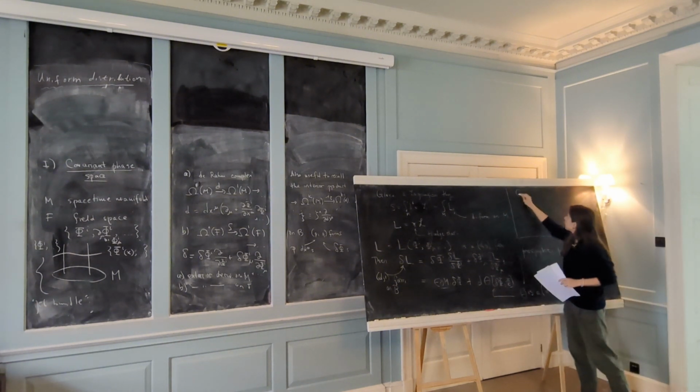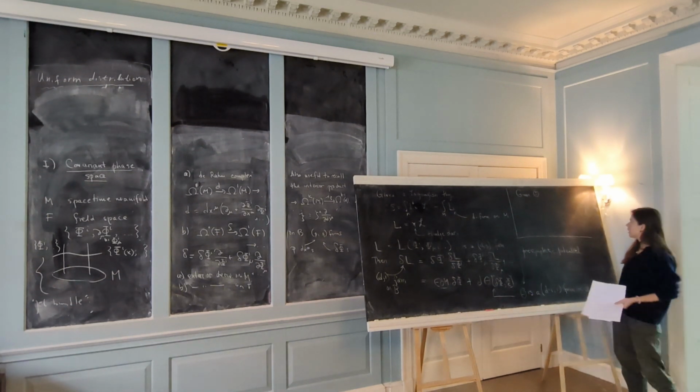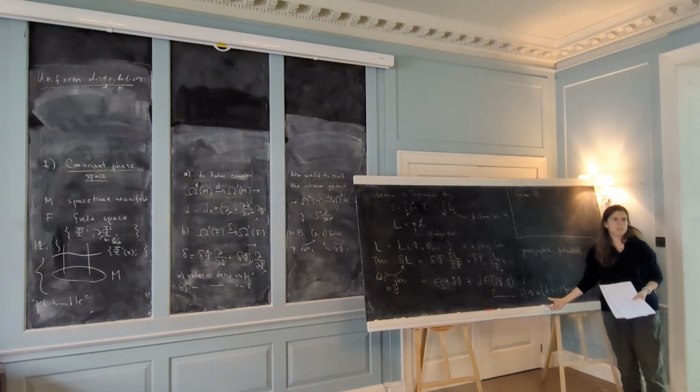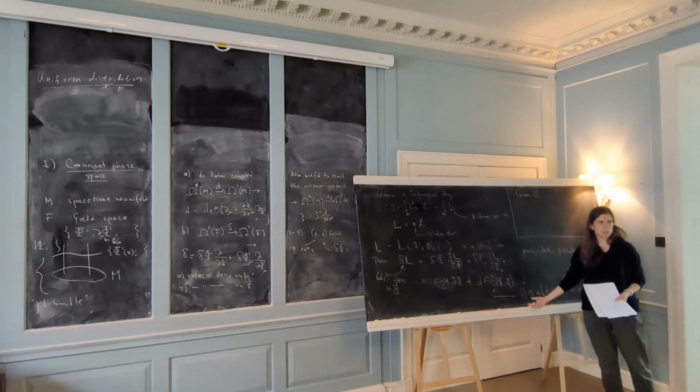So given this theta, I can define a two-form on field space by taking the exterior derivative on field space of this theta.